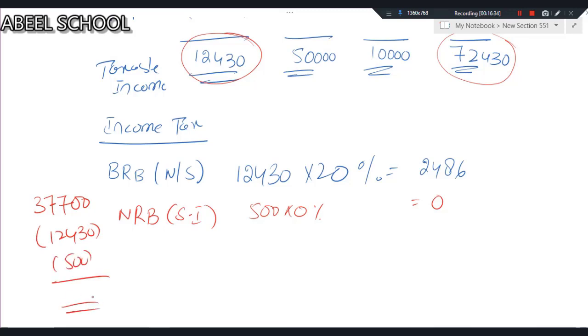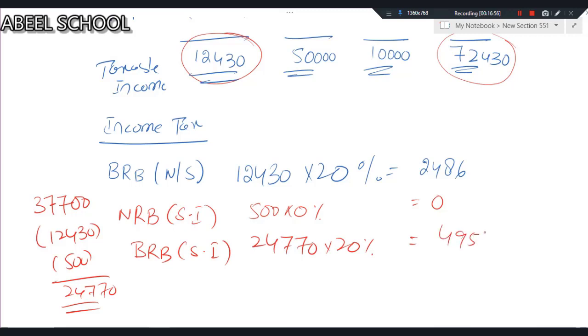The remaining limit in the basic rate band is 12,430 minus 500. So it is 24,770 basic rate band saving income. 24,770, applicable tax rate is 20%. I'm getting 4,954.